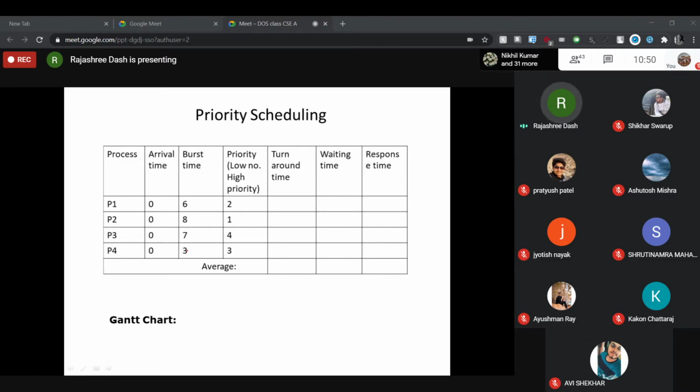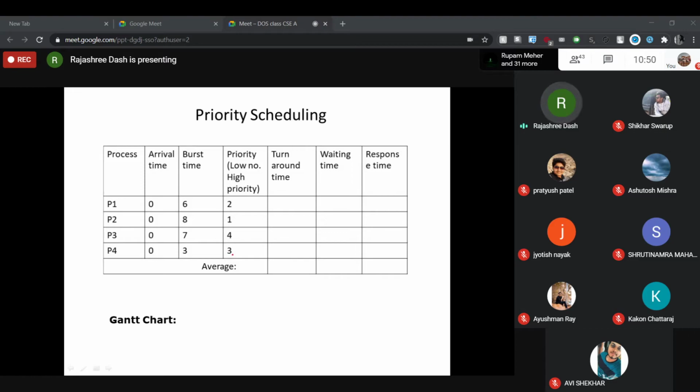Now the burst time of P1 is 6, for P2 8, for P3 7, for P4 3. Now remember, in case of priority scheduling, along with the burst time, the priority number of each process is also specified. So all of you write the priority number. For P1, the priority number is 2, for P2 it is 1, for P3 4, for P4 it is 3.